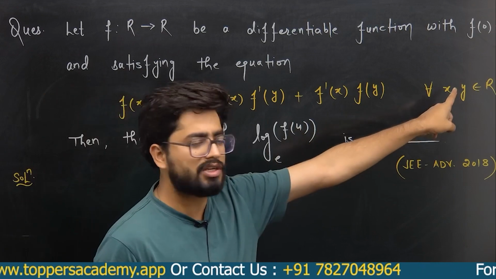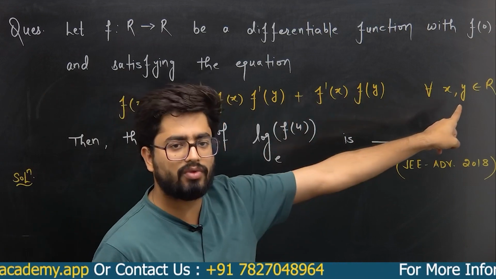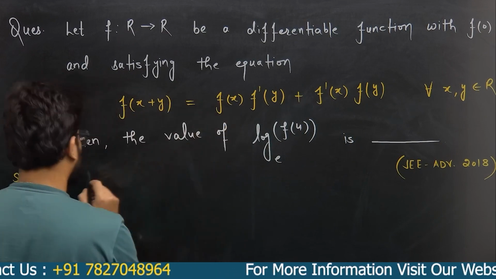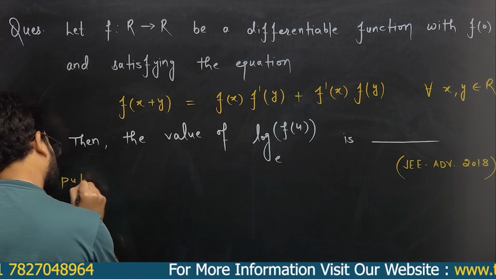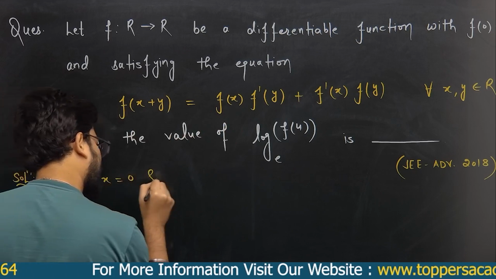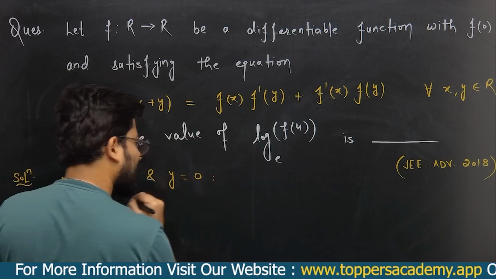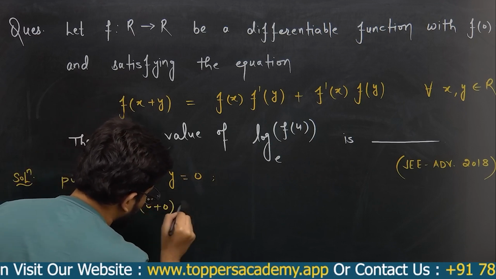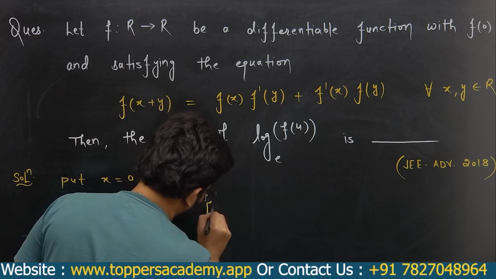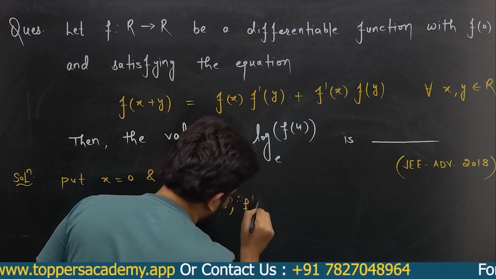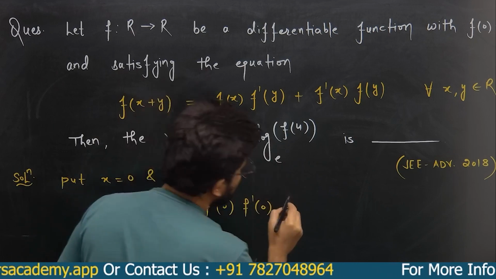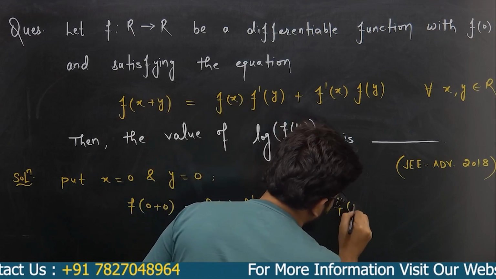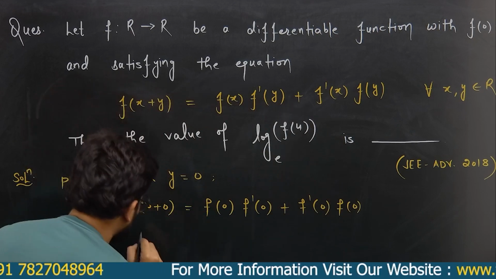Since my equation holds for every x, y belongs to R, we can put x and y both as 0. So we'll get f of 0 plus 0 is equal to f of 0 into f dash 0 plus f dash 0 into f of 0.